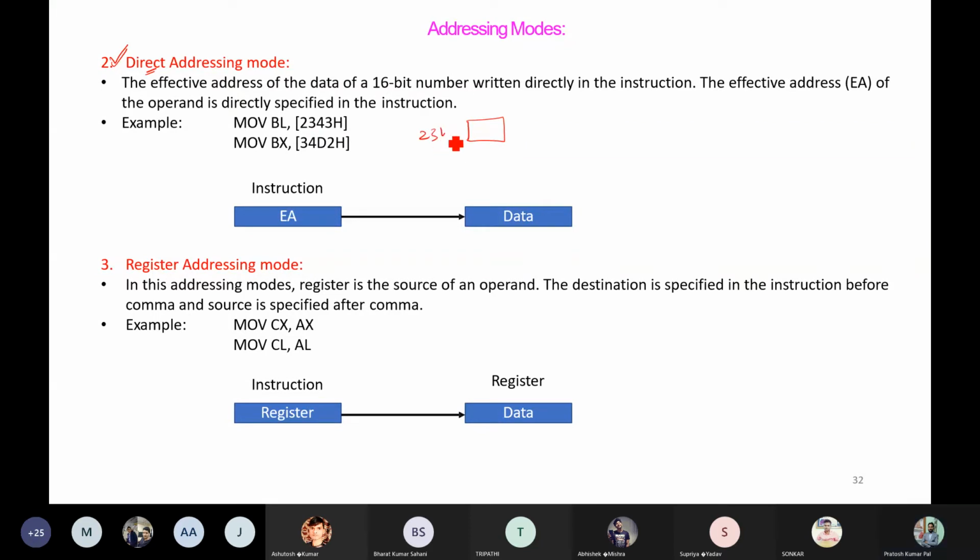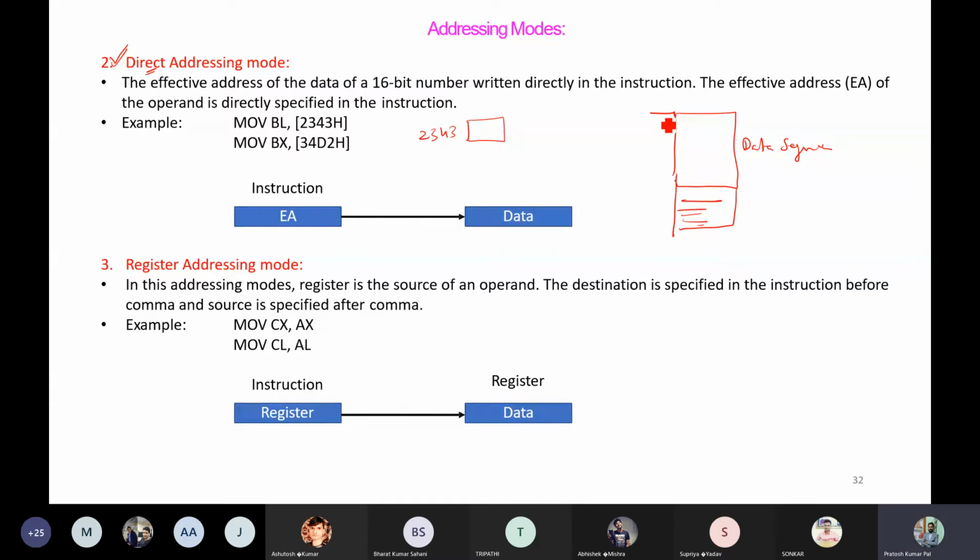Suppose there are different segments, and out of these, suppose this is the data segment. The data segment will have some memory location at its starting address, which is represented by the data segment register.